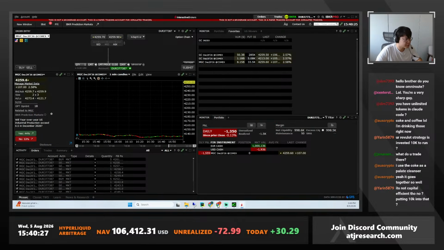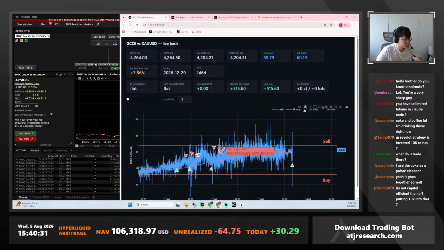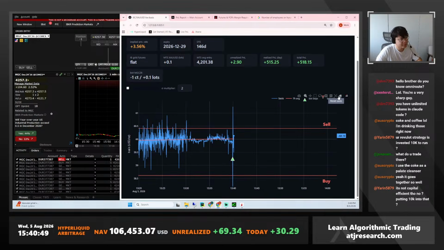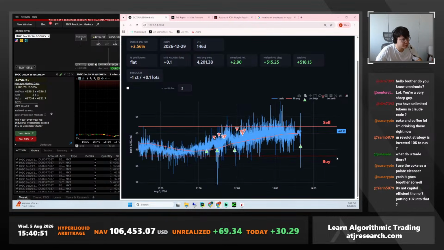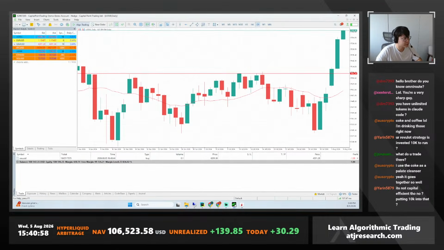We're measuring the price difference here, right? When the price difference is high, we're selling futures, buying spot, and when it's at the average, we're exiting our position at a better price. Here we exited our position, we see some spike, and here our realized P&L increased to 515 today. And now we're selling again. But again, it's demo. Again, disclaimer: this is demo. We'll see the results on a live account once it's ready and done.